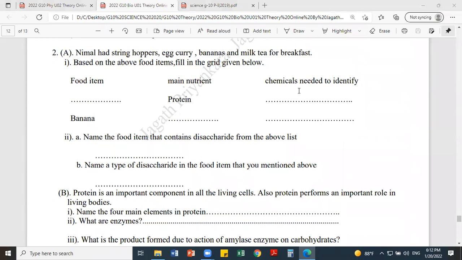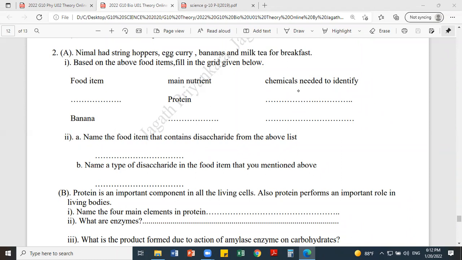Please raise your hand those who have answered question number 2 part A. What is the food item which contains protein? Any volunteers? Yes, Hiro.